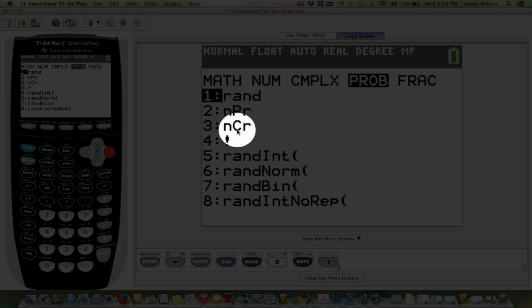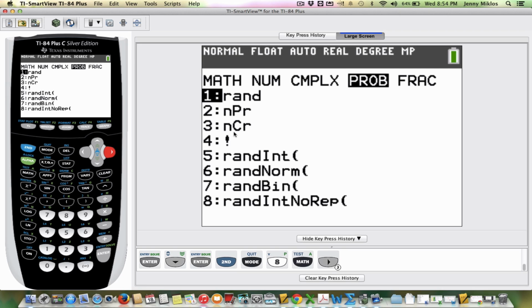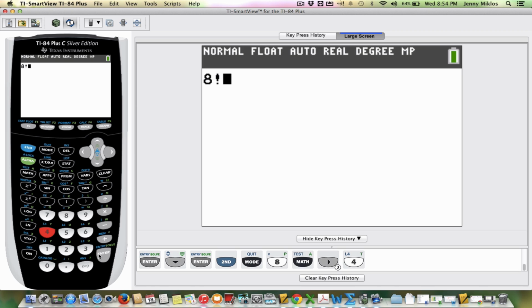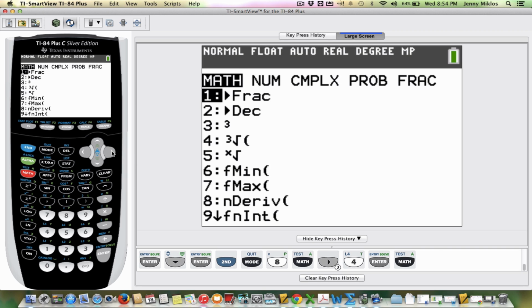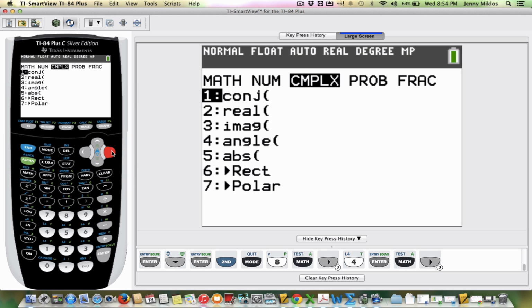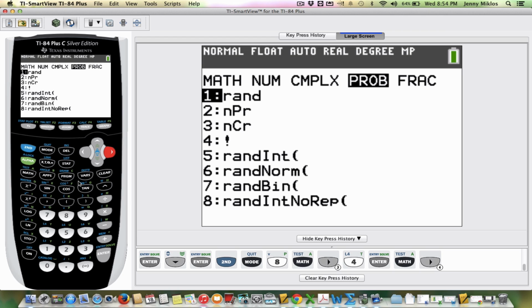And we're actually going to be using a lot of these, probability or permutation and combination, later this chapter. But number 4 here is our factorial, and it would go ahead and give me my answer. So math, move over to probability, and choose option number 4.